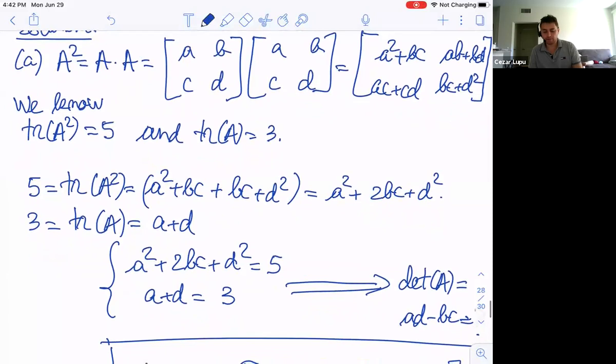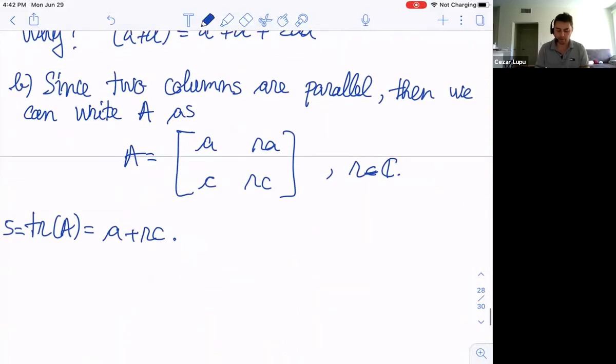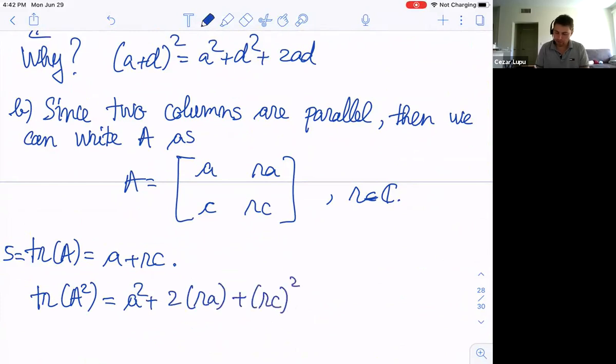So keep in mind that in our case, the trace of A squared is a squared plus 2 times rac plus (rc) squared, which is nothing else than (a plus rc), everything squared, which is 5 squared, which is 25.